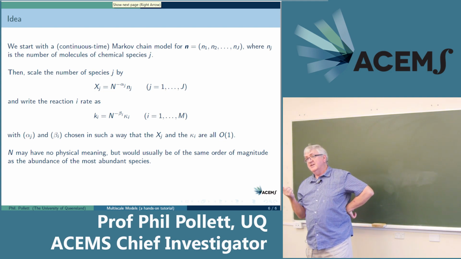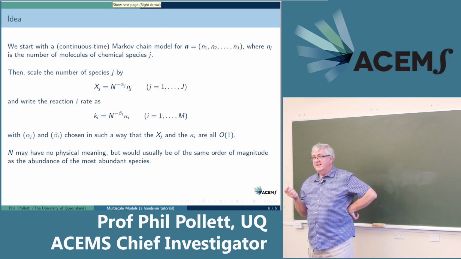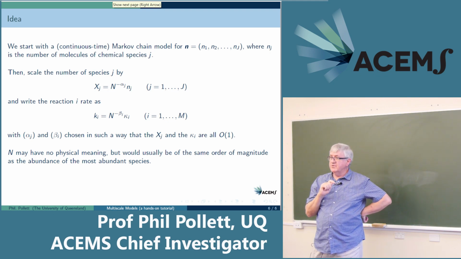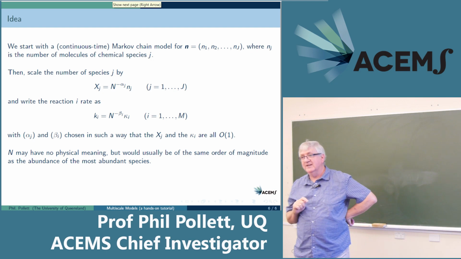I mention that because countably many types is close to the hearts of many of the associate investigators of ACEMS, and this process of Ball, Kurtz, Popovich and Rempala has not been generalised to the case of countably many types. So that's an open question, if you like.